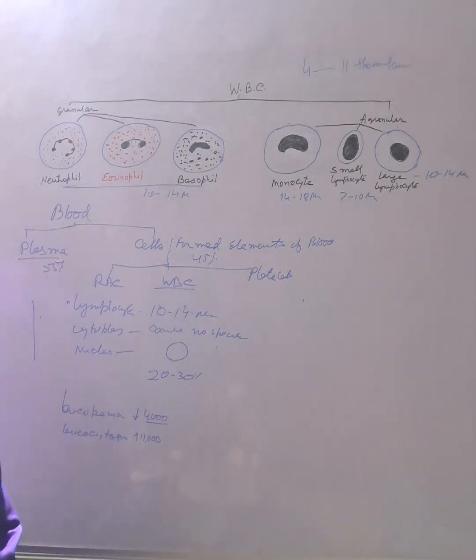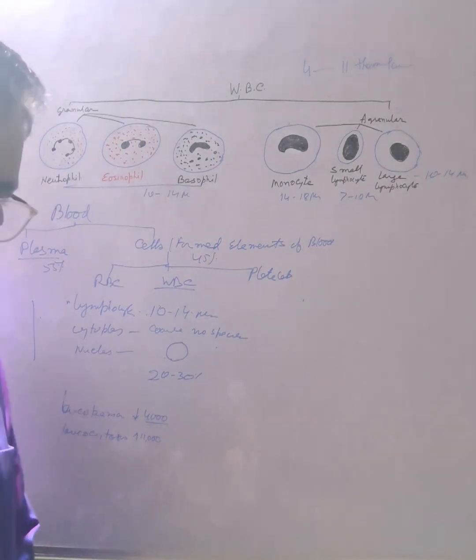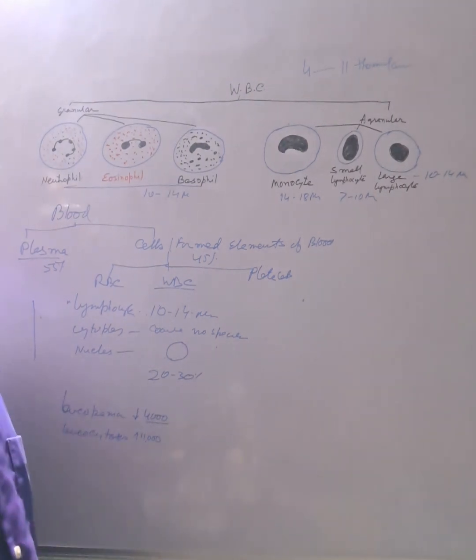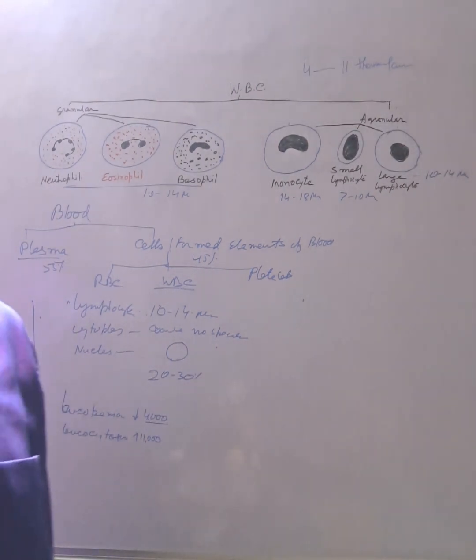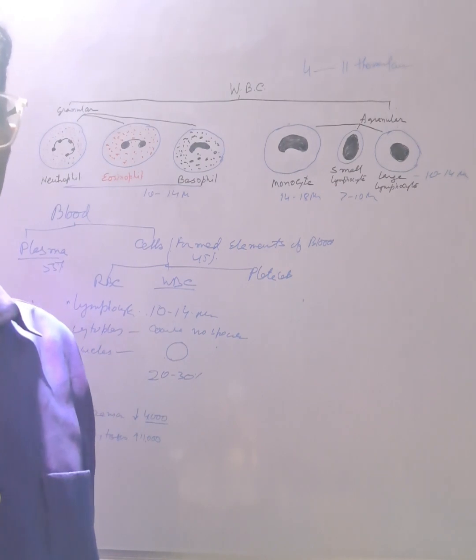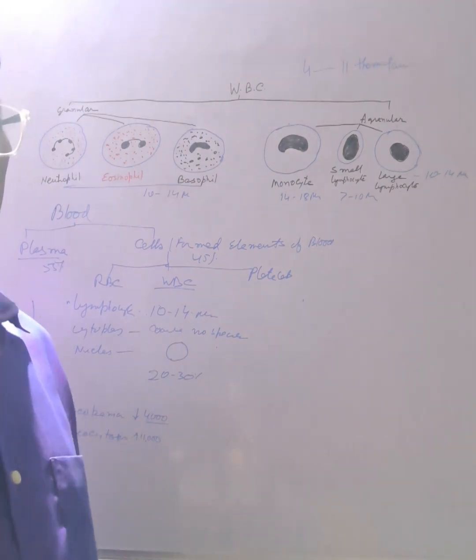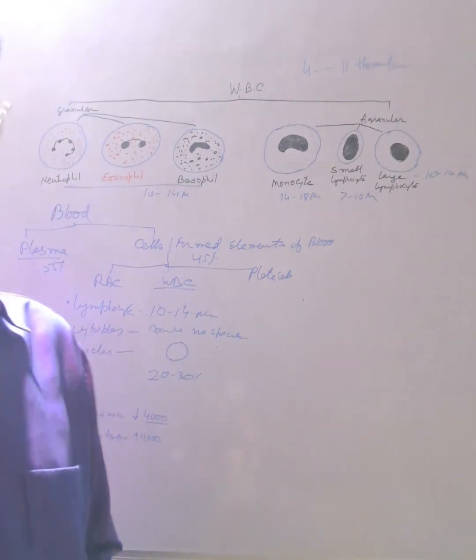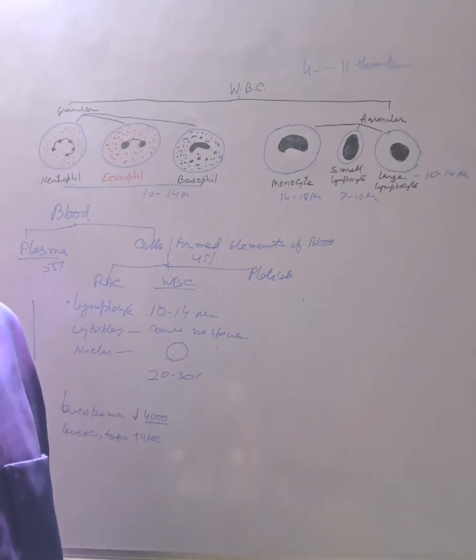Normal range is clear. Then let us move to another class. In another class, I will talk about leucopoiesis, that is formation of WBC, in some detail.